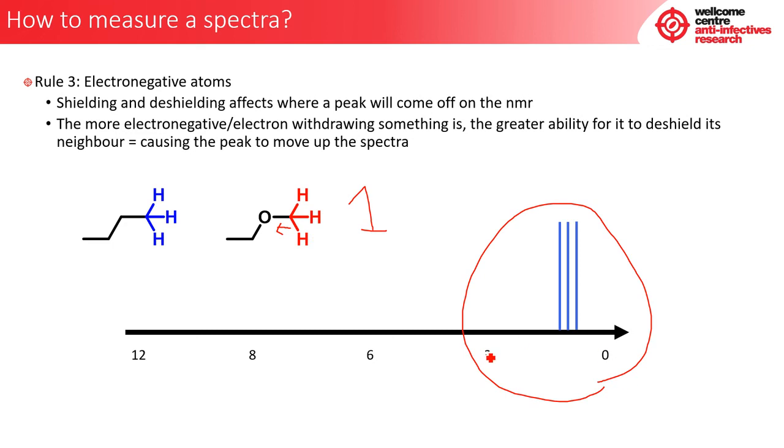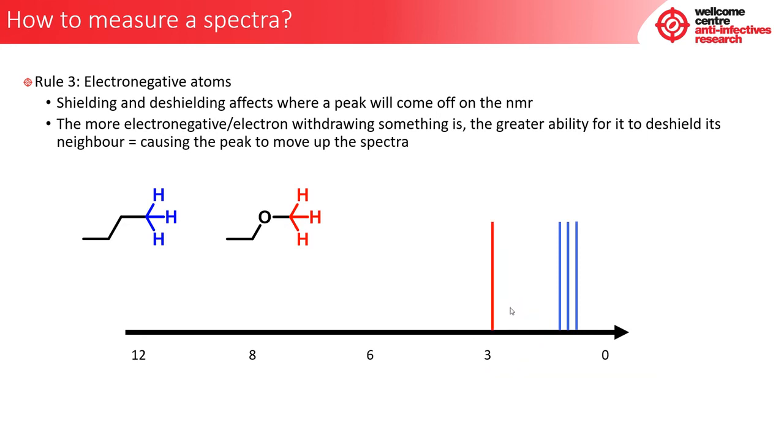Now, using our knowledge from previously, we know that it should start to move further up the spectra, towards the downfield or inside region. And in doing so, we expect that this group should start to fall closer to 3. So taking a look at it in the next slide, we see that we do have a single peak, as we discussed earlier, and this single peak is indeed found closer to 3.